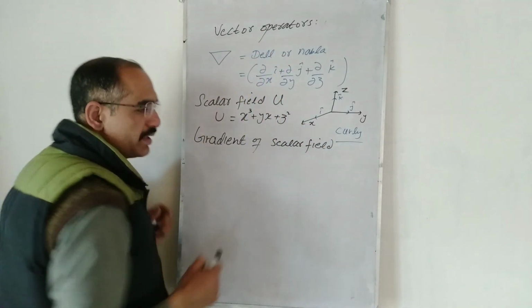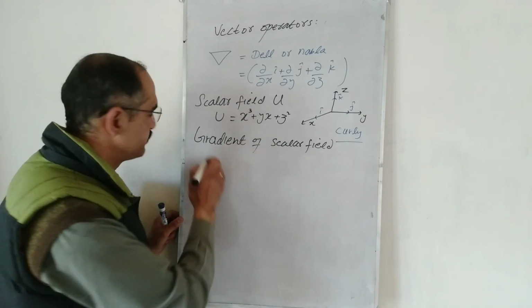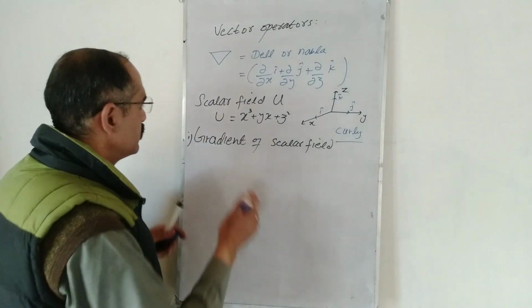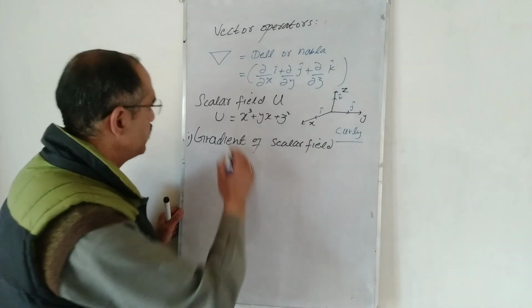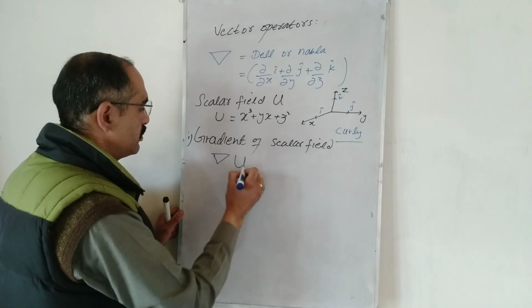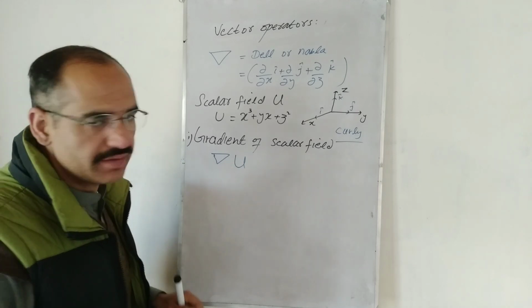So in vector operators, the first vector operator is the gradient. The gradient of the scalar field is written as del u. This is the gradient of this scalar field.